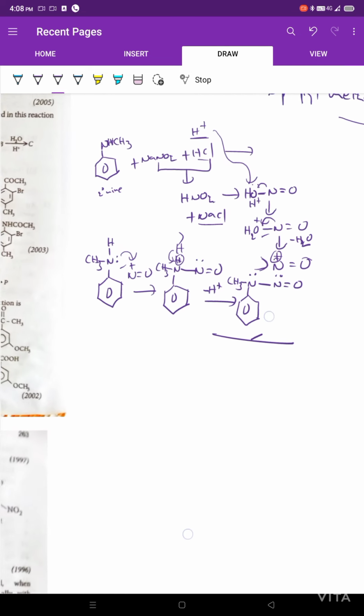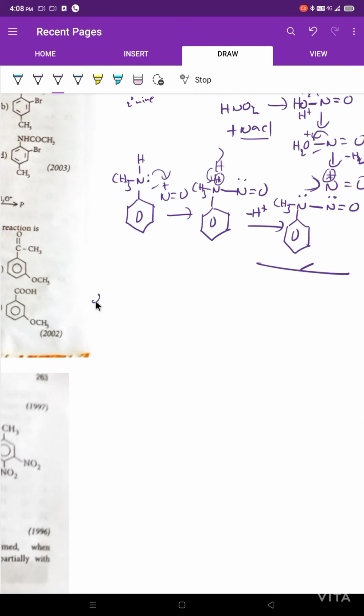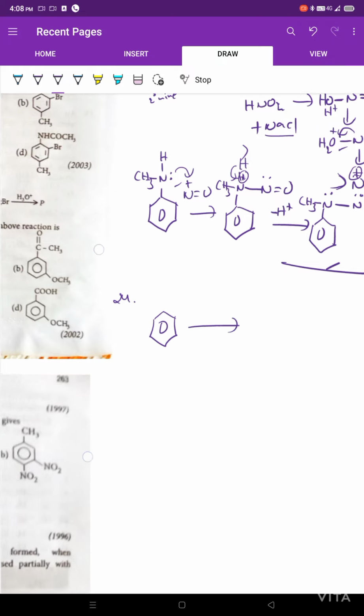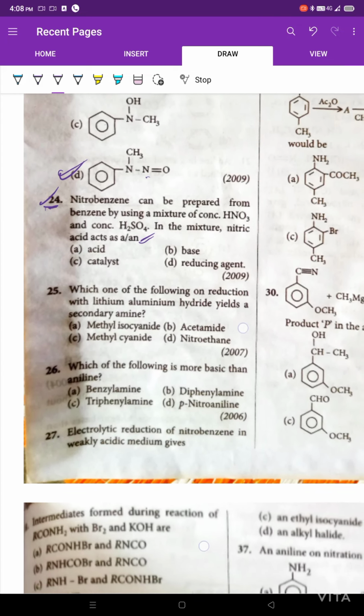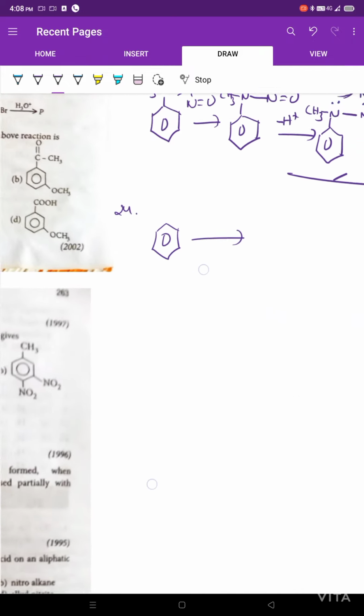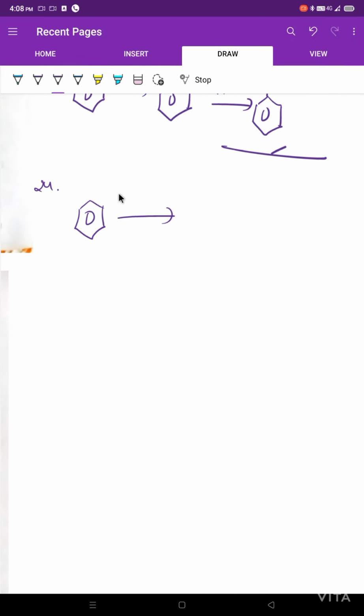Let us focus on question number 24, the nitration of benzene. Benzene on reaction with concentrated HNO3 plus concentrated H2SO4, both of them react.